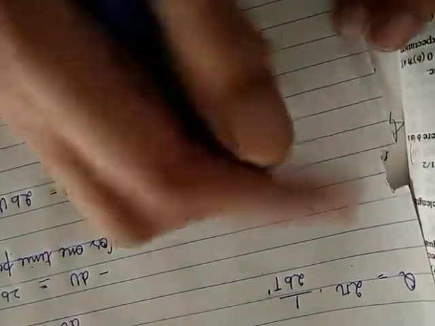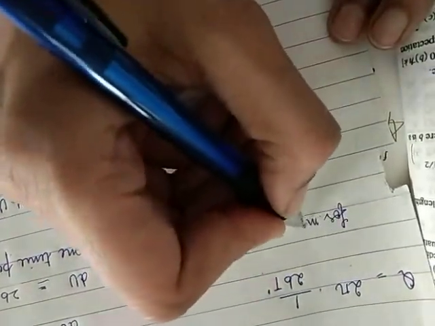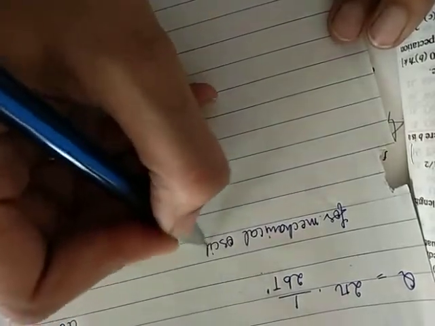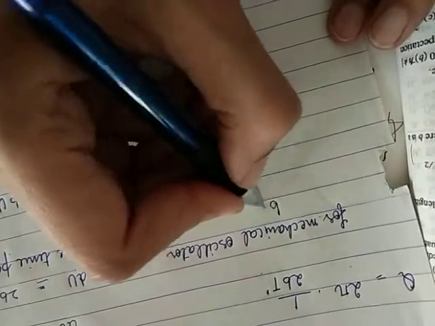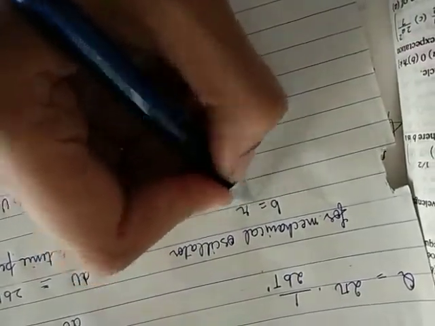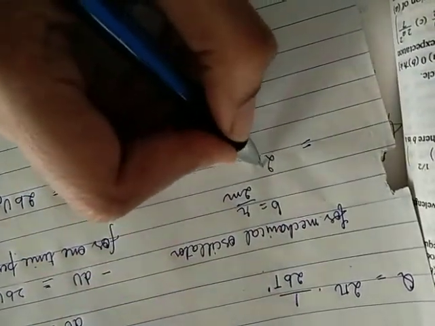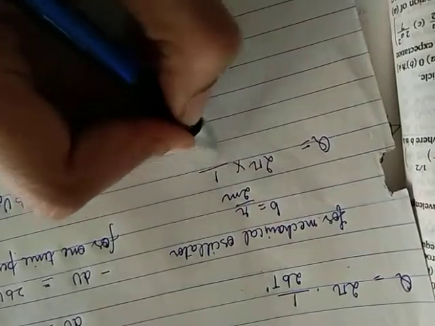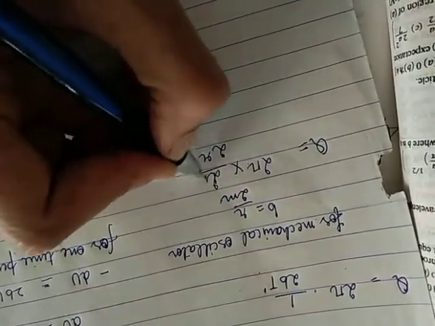Moving further, I am calculating Q for the mechanical oscillator. For that I would simply replace b with R upon 2M. So I will have Q is equal to 2 pi into 1 upon 2b T dash, with b as R upon 2M.